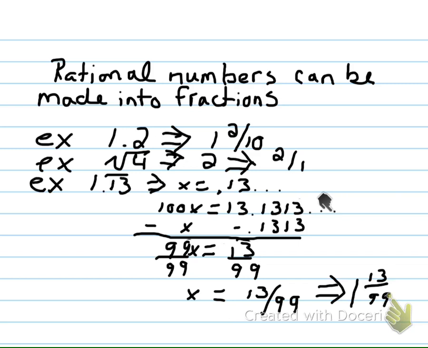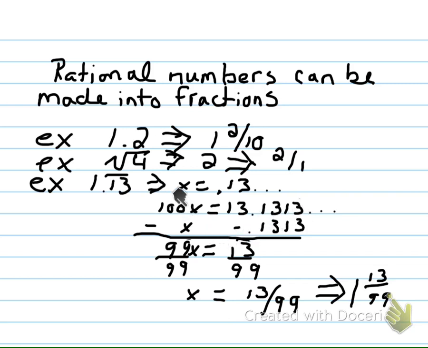Now I have to subtract x on both sides. So over here I subtract x. Over here I subtract what x was equal to. X was equal to 0.1313. So over here I'm minusing 0.1313... On this side, if you do 13.1313 minus 0.1313, you're going to get 13.